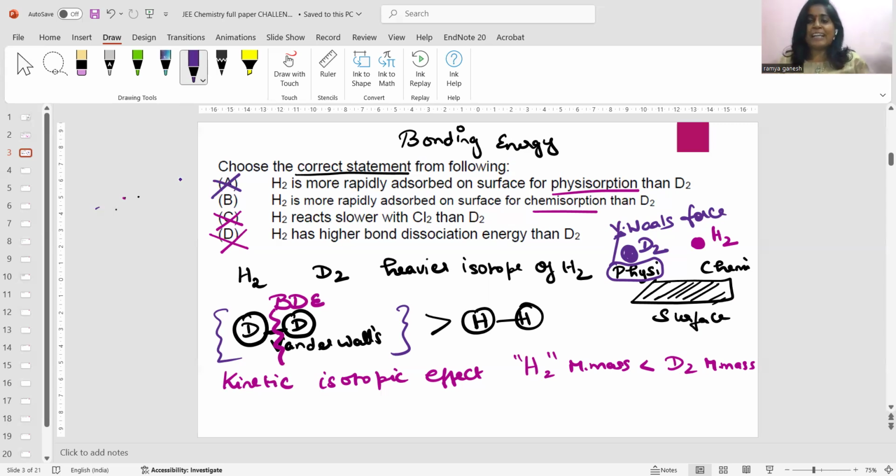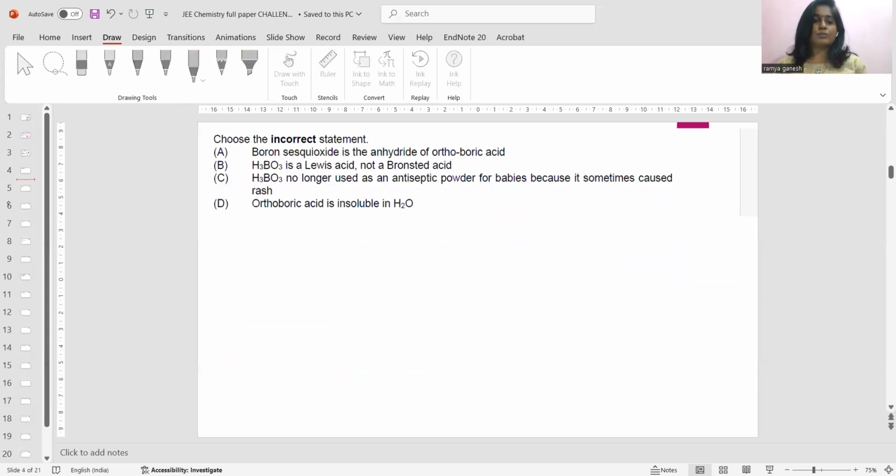Obviously deuterium. So the hydrogen bond can be broken so easily. So which do you expect to rapidly get adsorbed on the surface? Obviously hydrogen. Why? Because hydrogen has low van der Waals force of attraction. So this is the correct statement. Those who have chosen this as the answer, very good children. Let's go for the next question.